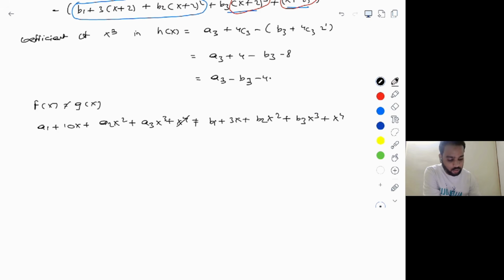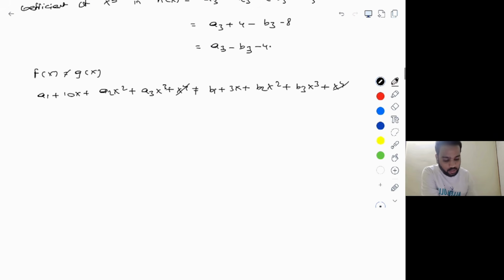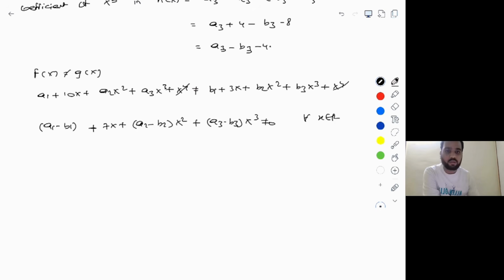Okay. Now, when I remove these x to the power of 4 terms and bring all the terms to one side, what I'm going to get here is a1 minus b1 plus 10x minus 3x, which will be 7x, plus a2 minus b2 multiplied by x square plus a3 minus b3 times x cube is not equal to 0 for all x belonging to capital R.